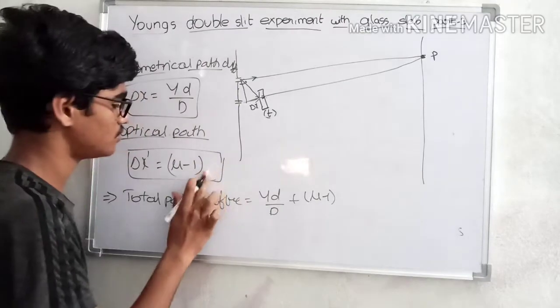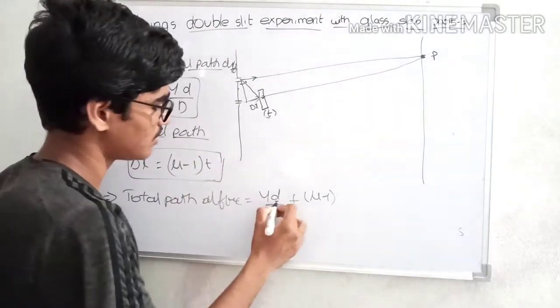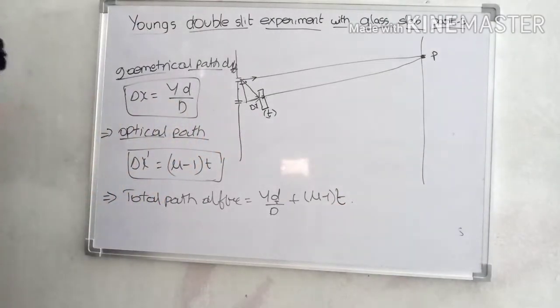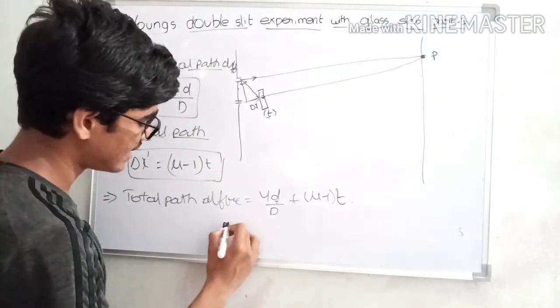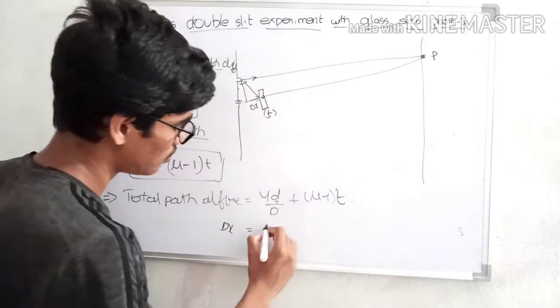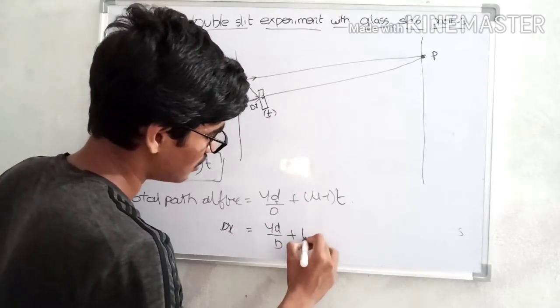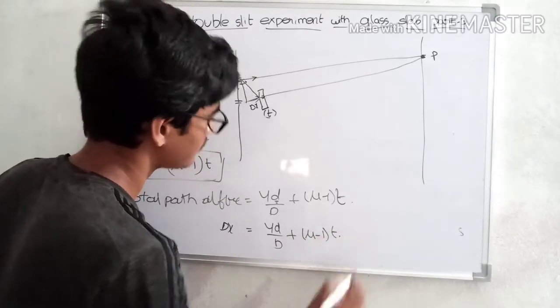We have to use t because there also exists a small d as the distance between the two slits. That means delta x is equal to y small d by capital D plus (mu minus 1) of t.